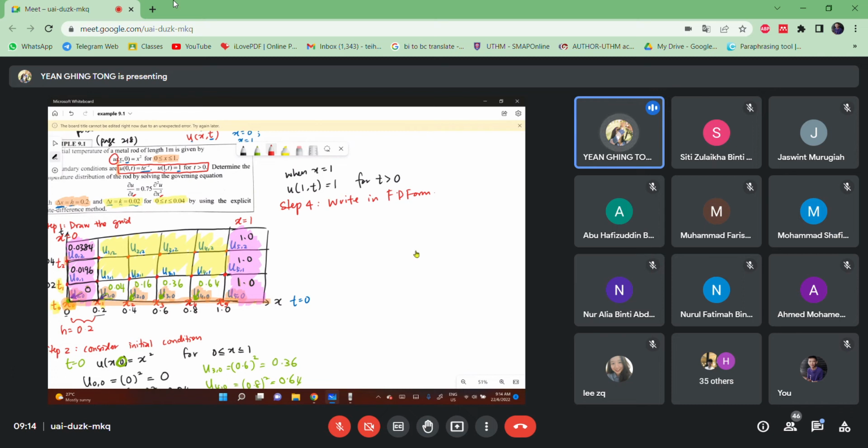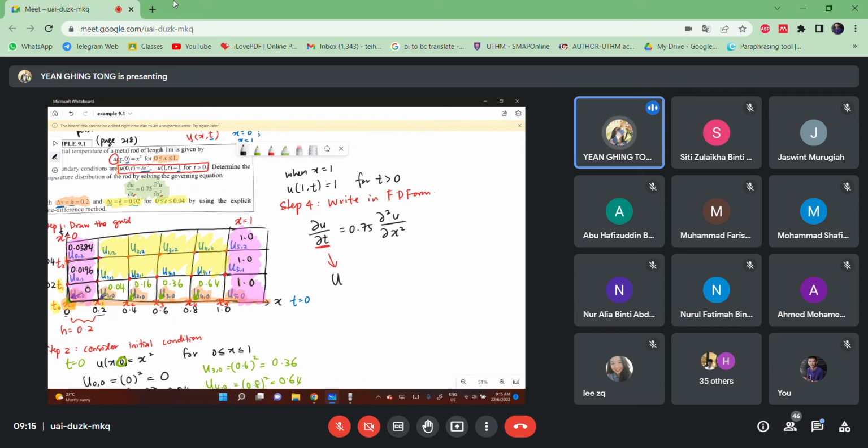So from this equation, I will write del u del t equal to 0.75 del square u del x square. Now change to finite difference form. Can you help me change this one to finite difference form?